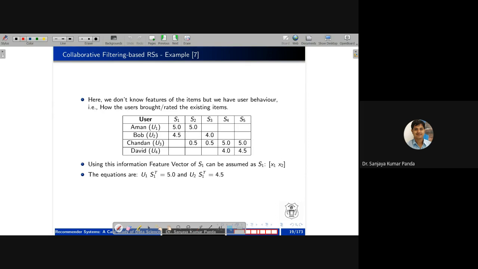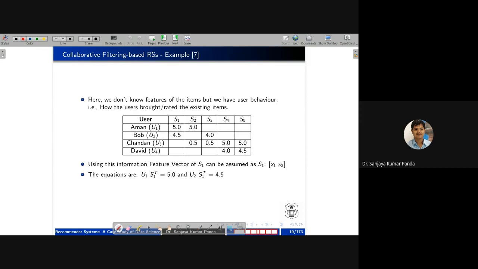Now in this table, as I told you for collaborative filtering, you are given the ratings. In addition to the ratings, you are also given the user feature matrix, but you are not given the item feature matrix. So if I ask you what the feature vector for smartphone S1, S2, or S3 is, that has to be determined, because it is not readily given to you.